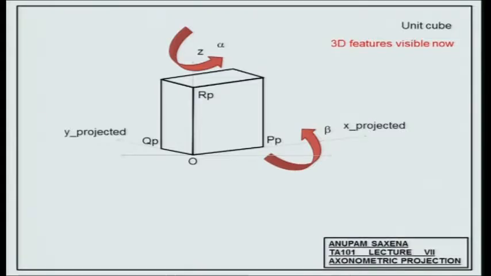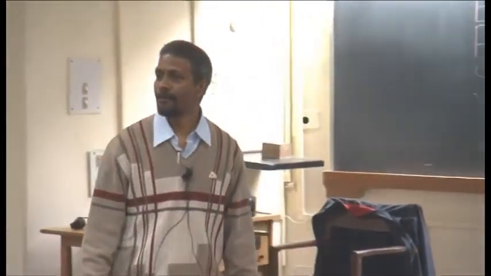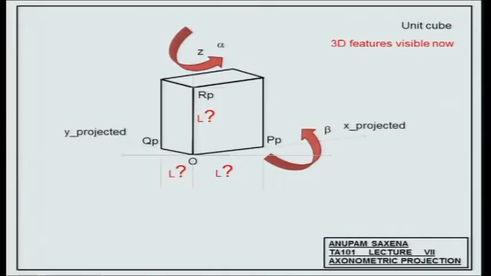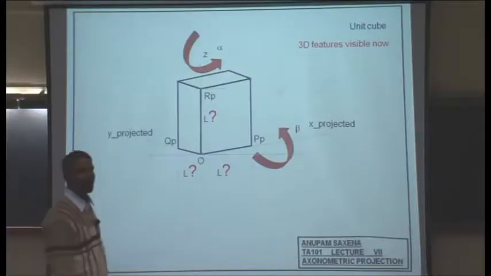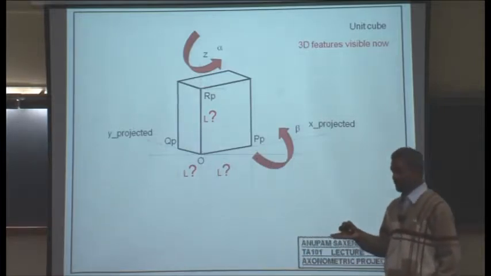Would you agree with this? Are three-dimensional features of the cube visible to you? Yes? Starting with a single plane to two planes to now three planes? What is happening to these three lengths of the unit cube? When you perform one single rotation, the length is reduced to cosine of alpha.